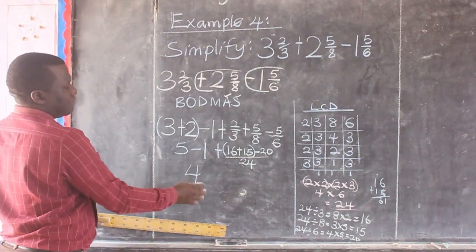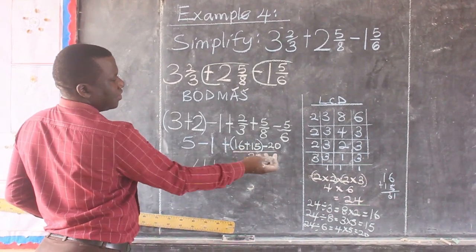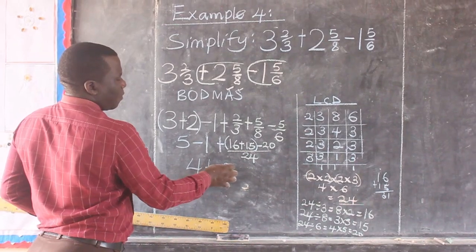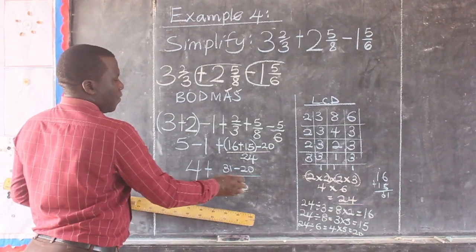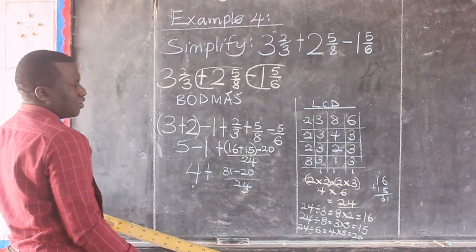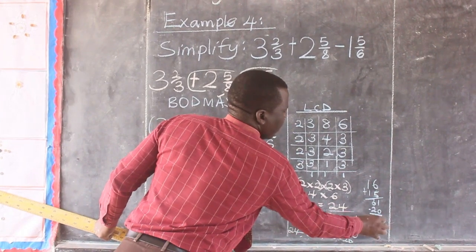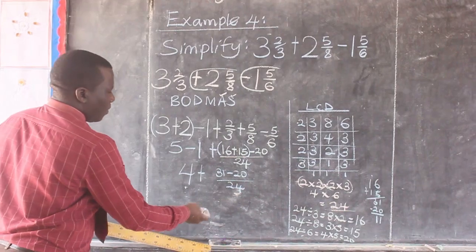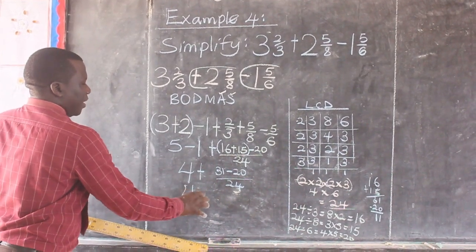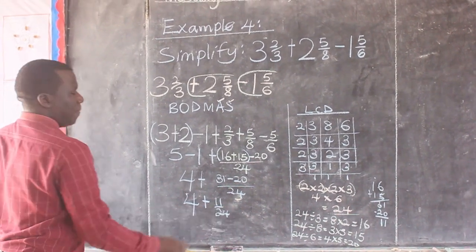Because 5 minus 1 is 4, plus we have added 16 plus 15 to give us 31, minus 20 out of the 24. Okay? So minus 20, we shall get here 11. So we shall get here 4 plus 11 out of 24.